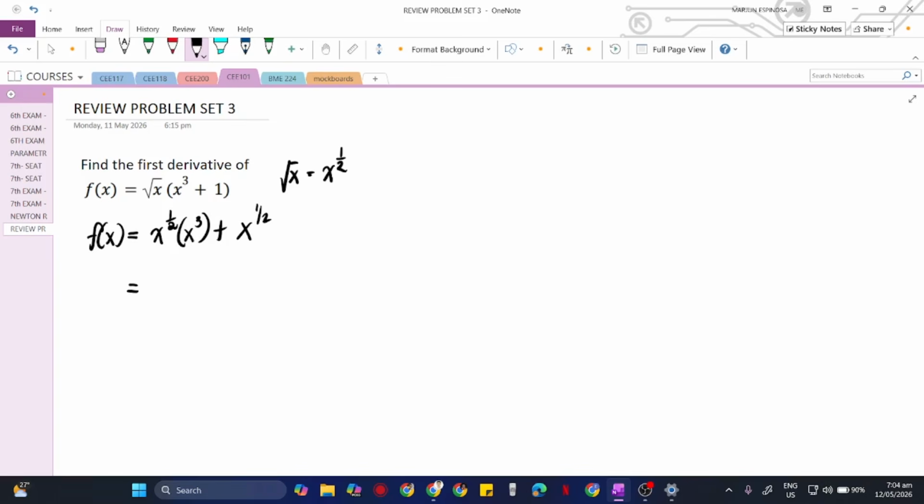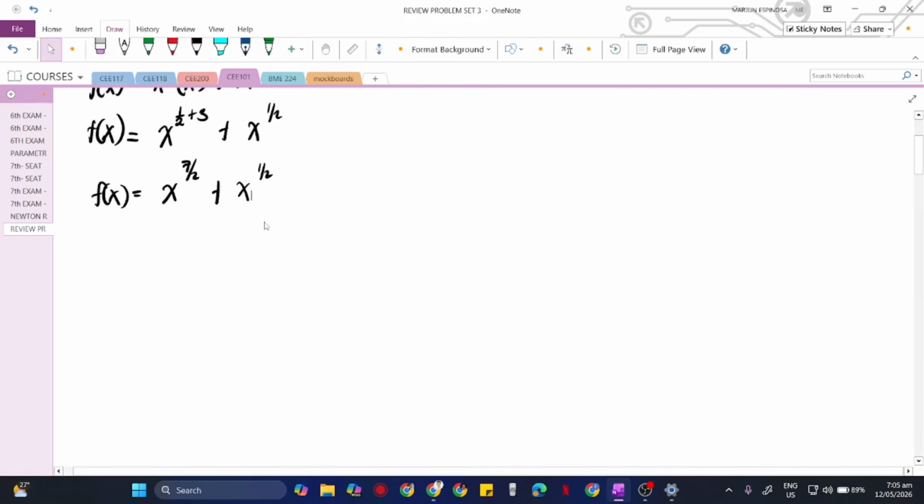Using the exponent rule, since the same base, the exponents are simply added. We are not yet taking the derivative, we are just distributing the square root of x. We have 1 half plus 3, which is 6 over 2 plus 1, or 7 over 2, plus x raised to the power of 1 half.